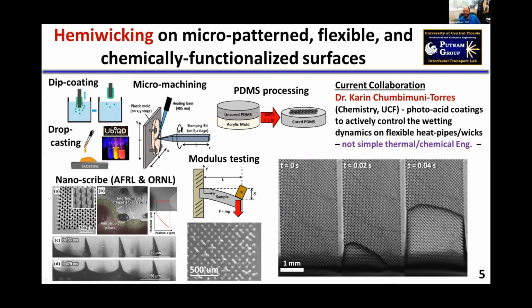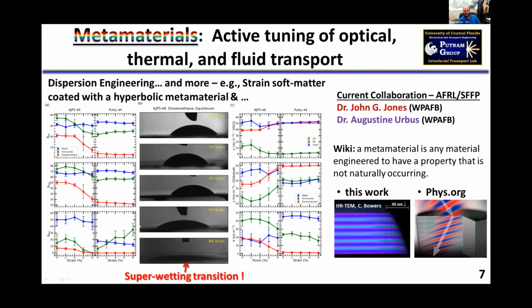And these are anisotropic pillars. I should point out, because of the physical geometry, it's not isotropic. It wicks faster in this direction than this direction. Okay, so take those pillars, and now let's put a metamaterial on top of it.